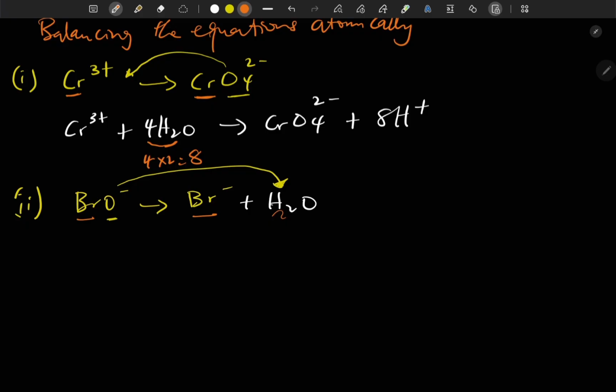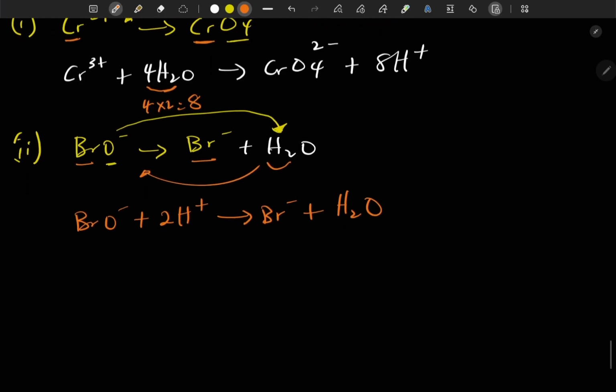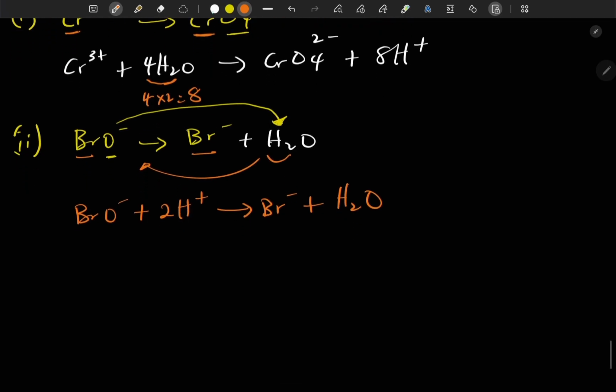Now here we have 2 hydrogen atoms, so we are going to balance it by 2H plus at the other side. So it will become BrO- plus 2H plus gives Br- plus H2O. Now we've balanced the 2 equations atomically.